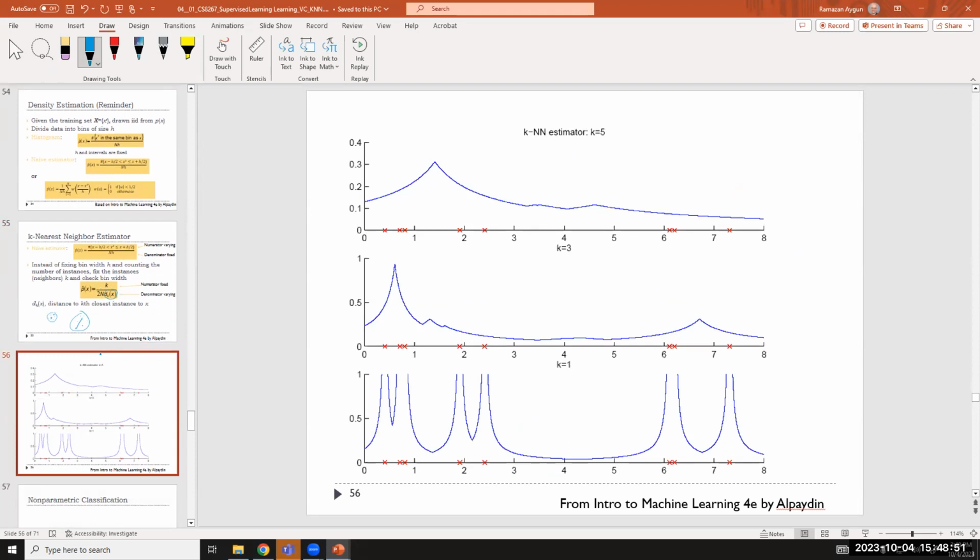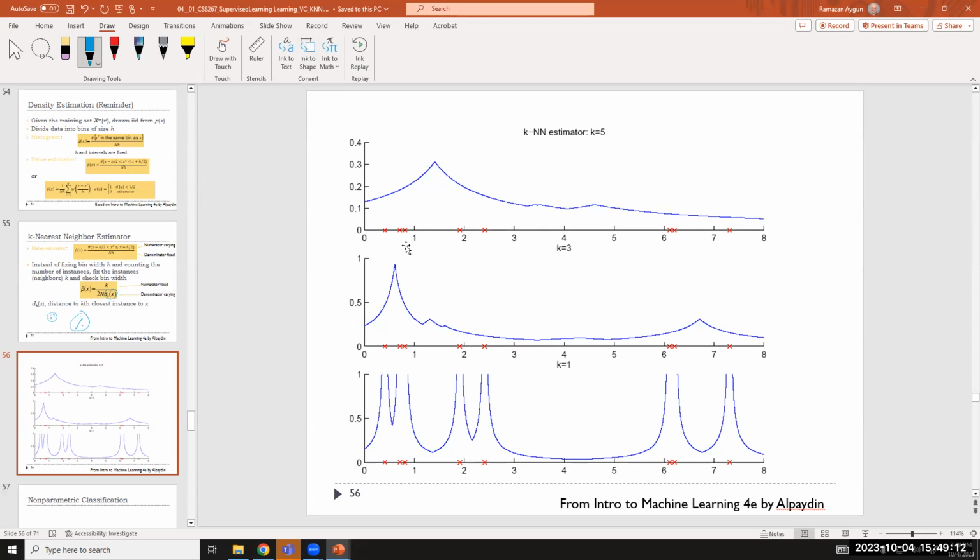Don't look at the numbers at the bottom, just look at the graph. The most dense area for k equal to 5 is this region.